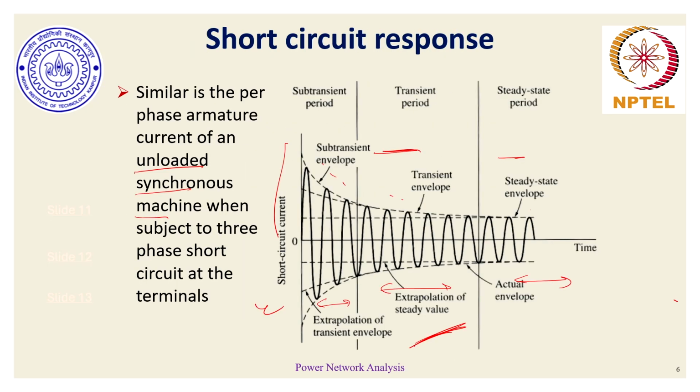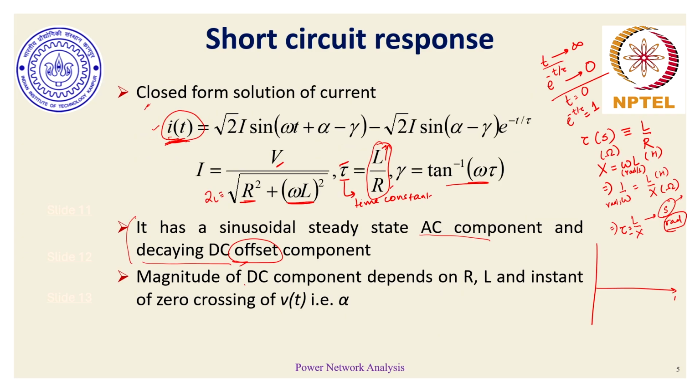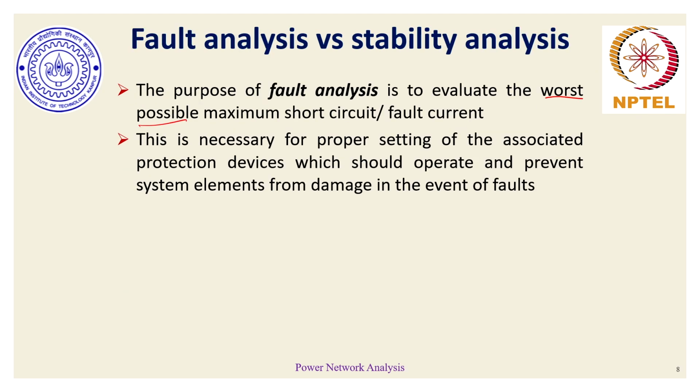We understood one such fault current in the context of slide 5: the maximum asymmetric current, the maximum RMS that can appear at t equal to 0 in the subtransient period after a fault, is root 3 I. Root 3 I comes from the RMS component I of the AC component and root 2 I of the decaying DC component, squared and added with a square root. The purpose is to find this maximum possible current that can appear in this circuit when faults occur. That is the purpose of fault analysis.